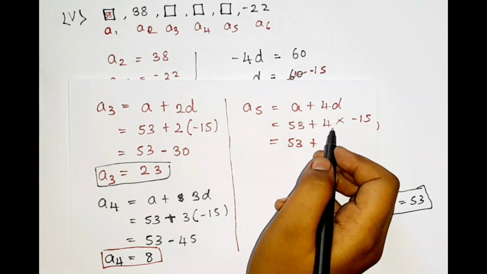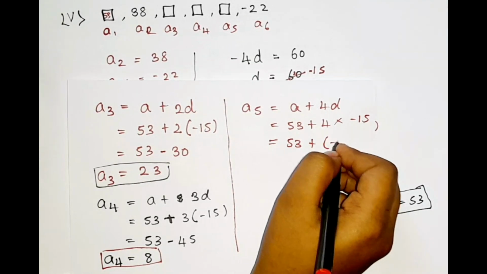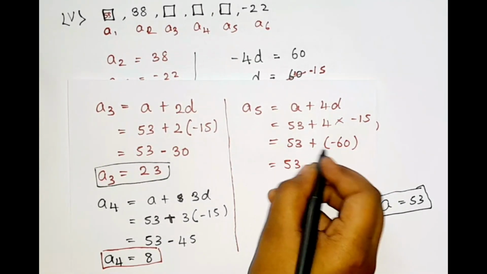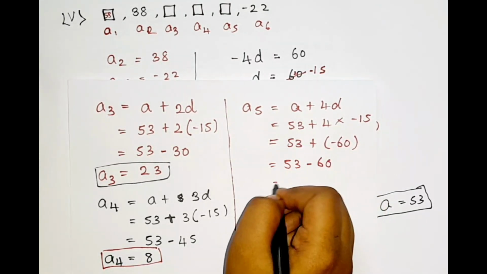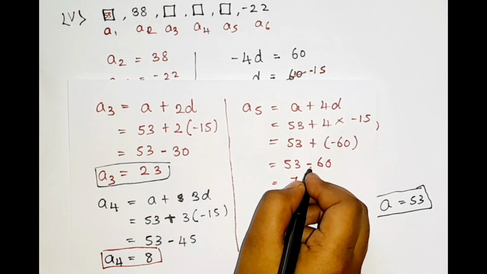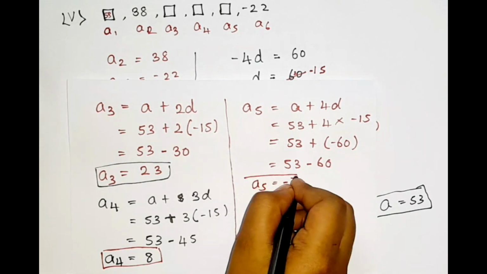So 15 into 4 is 60, and here it is minus 60, isn't it? So 53 plus into minus is minus, so minus 60. When we subtract them, we'll get 7, and the greatest number is 60, so it has a minus sign. So minus 7, this is our A5 value.